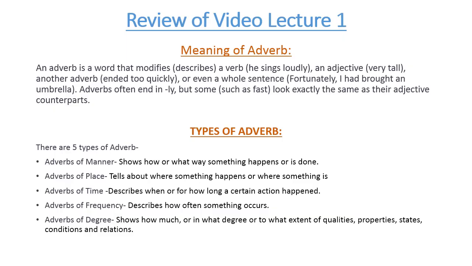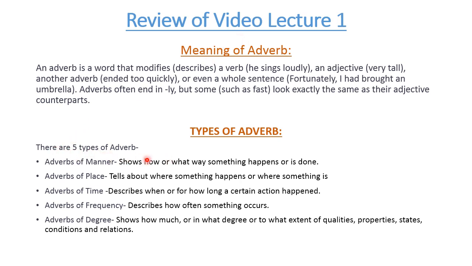Okay, as per the contents, I had told you that first we'll be taking up a review of video lecture 1. If you can recall, we understood the meaning of adverb in the previous video lecture, and we discussed the 5 types of adverb.